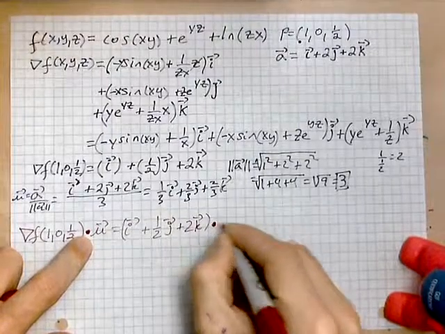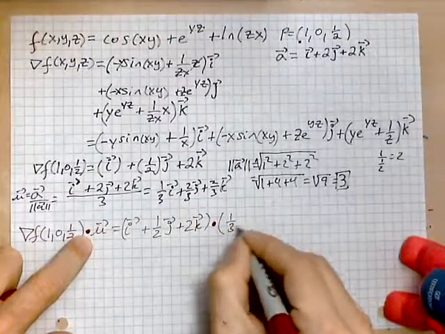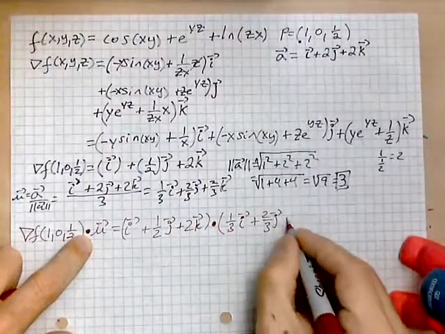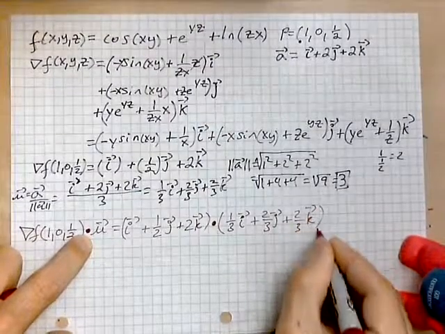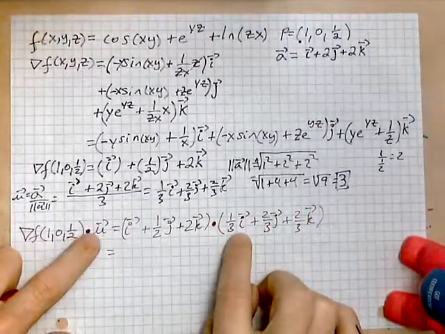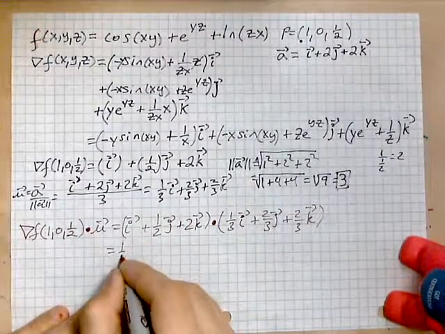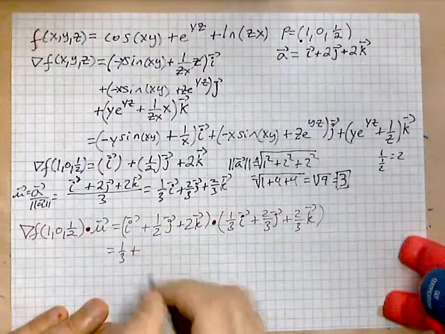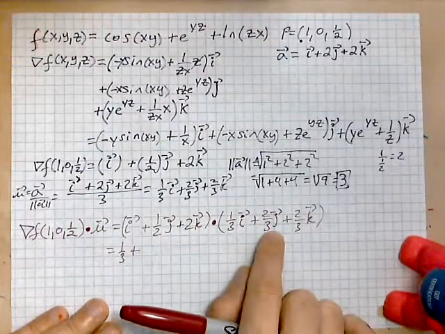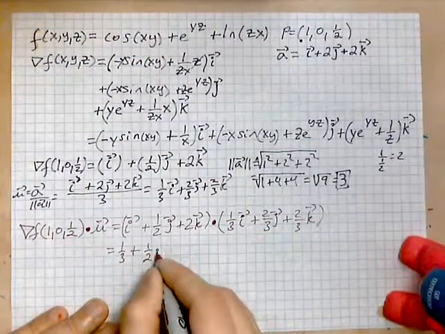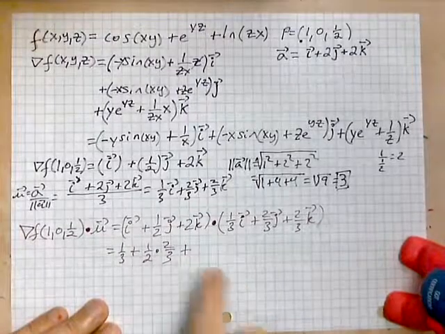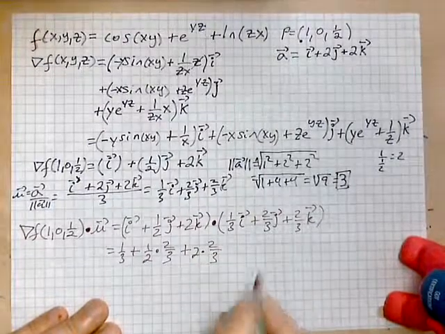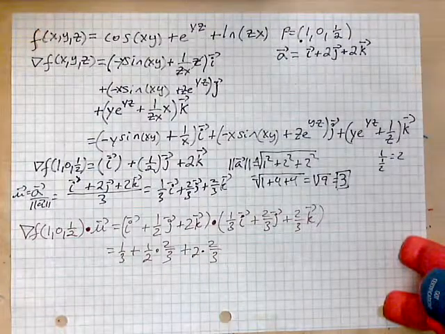We will dot this with 1/3 of i plus 2/3 of j plus 2/3 of k. So i dotted with i, of course, is just 1/3. Okay, so 1i dotted with 1/3 i is 1/3. Add to that 1/2 j dotted with 2/3 j. That just gives you 1/2 times 2/3. And the last one is 2k and 2/3 k, so that gives you 2 times 2/3. Okay, so this is the basic dot product that we are applying here.